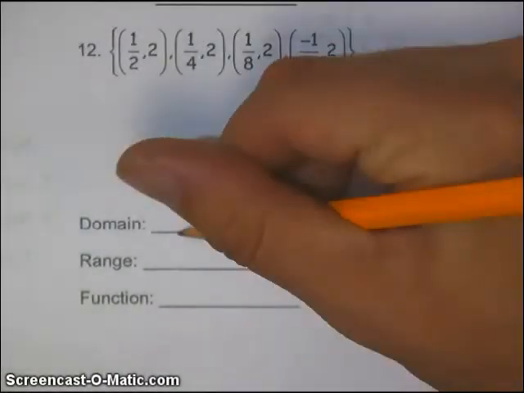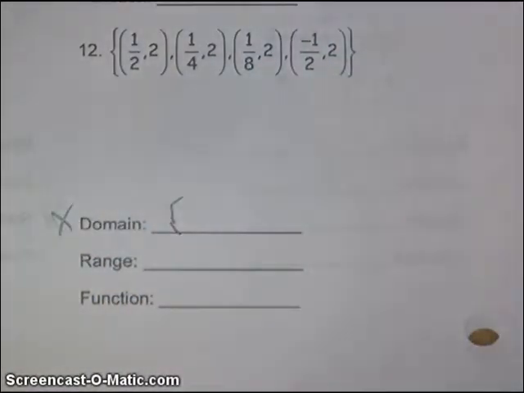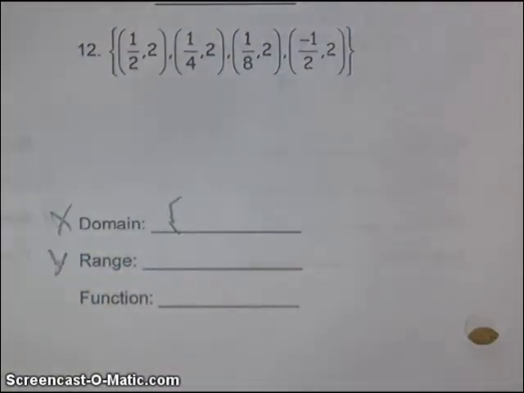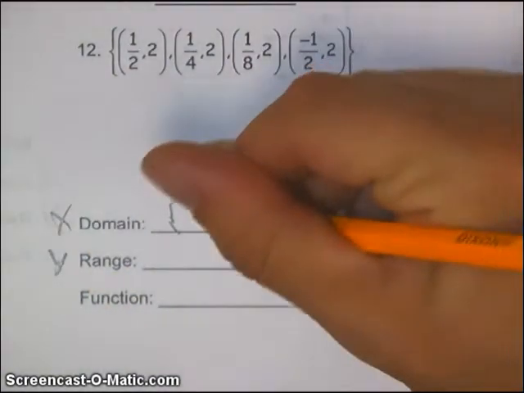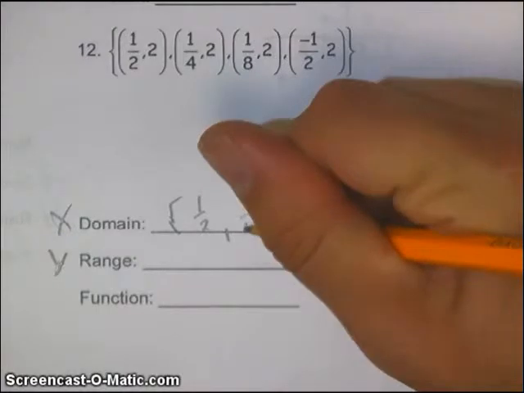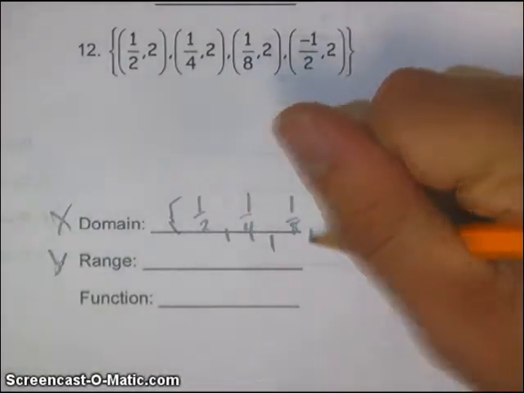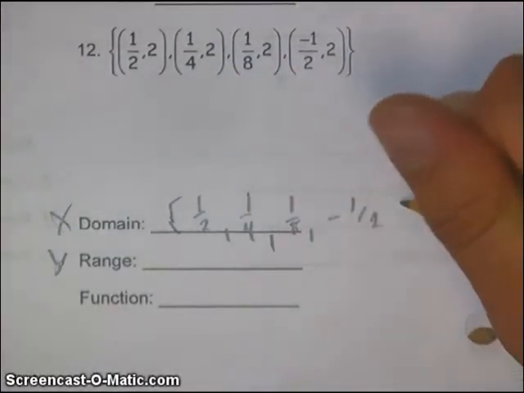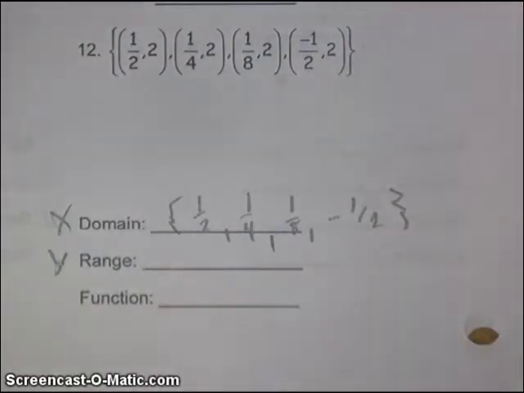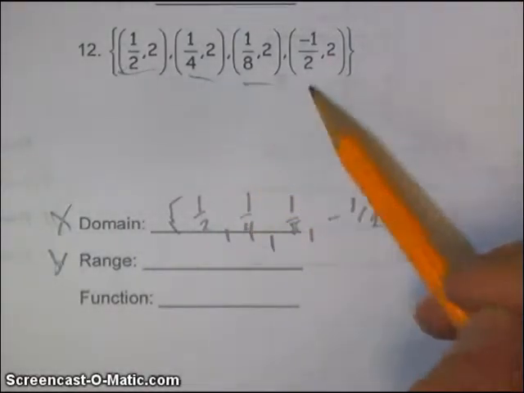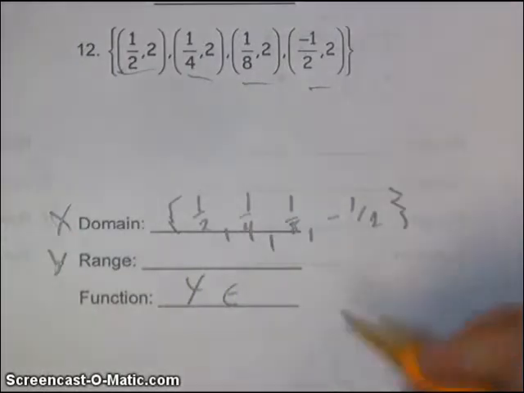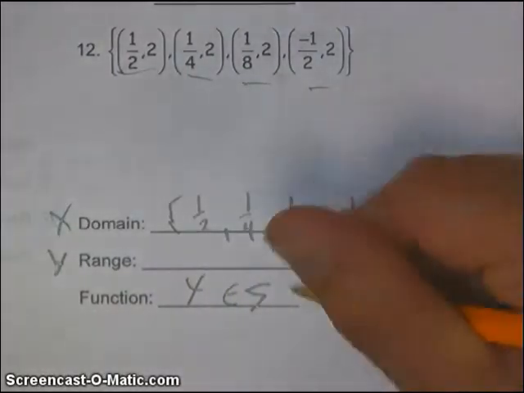Alright, so the domain is all of the x's. The range is all of the y's. So let's list those x's. 1/2, 1/4, 1/8, and -1/2. And there are no repeats in those x's. So yes, that is a function, because none of the x's repeat.